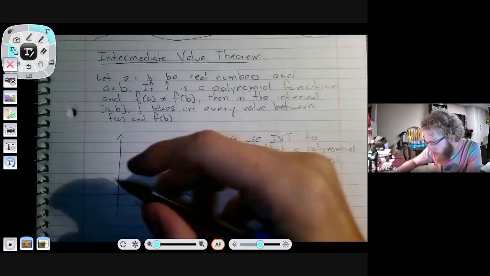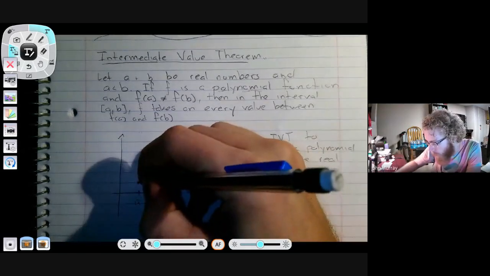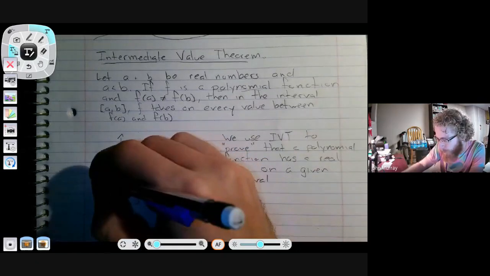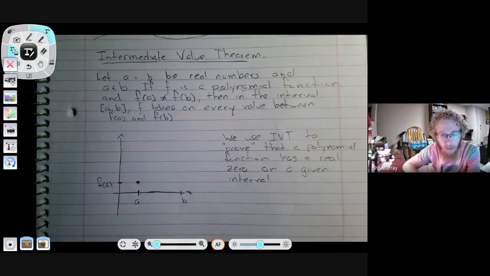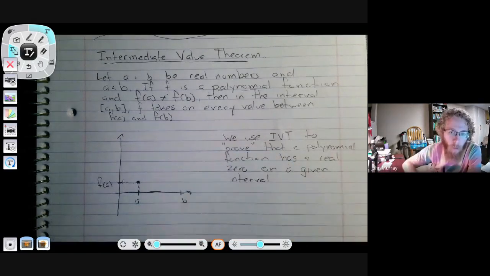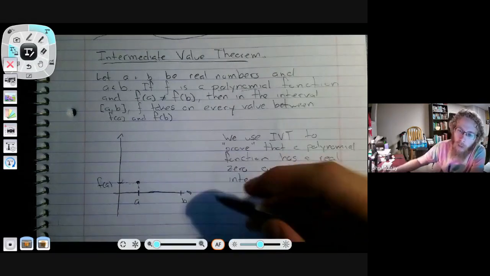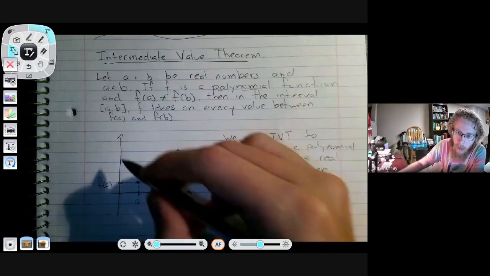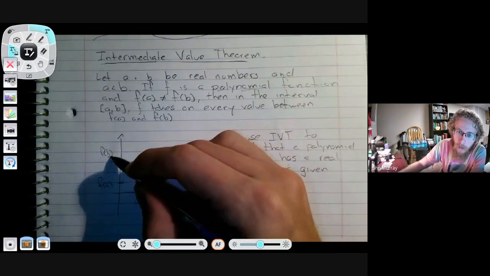So I'm going to kind of plot this out. Say you plug in a and you get some point there. Okay, we're going to call that f of a, right? So that's where they meet. You plug in a, you get that y value f of a. You plug in some value b, maybe it's up there, and up here we have f of b.